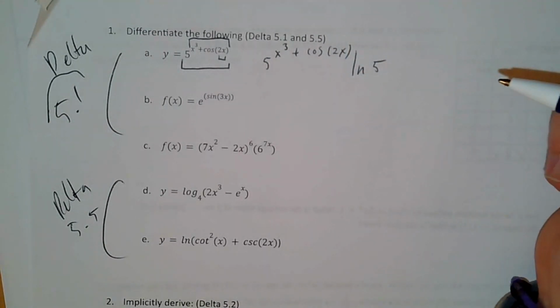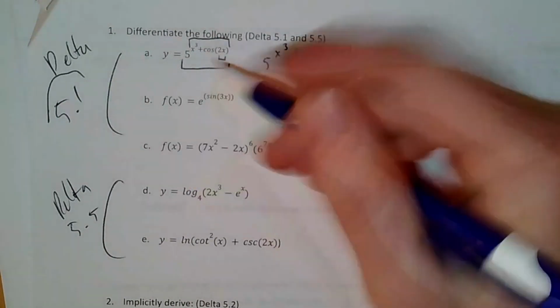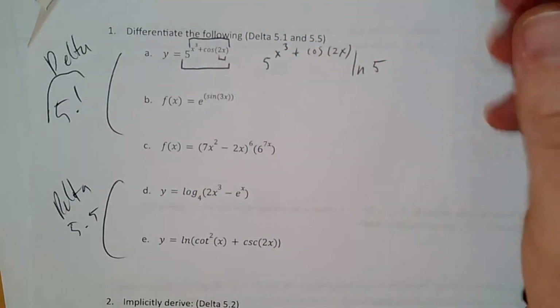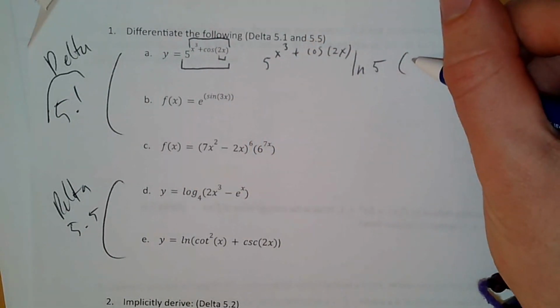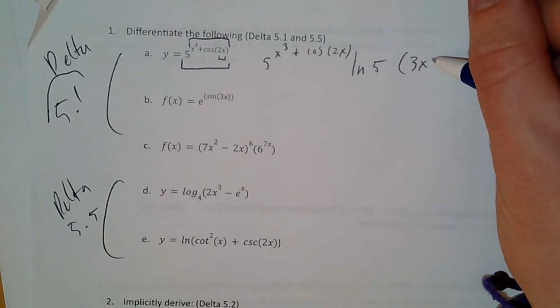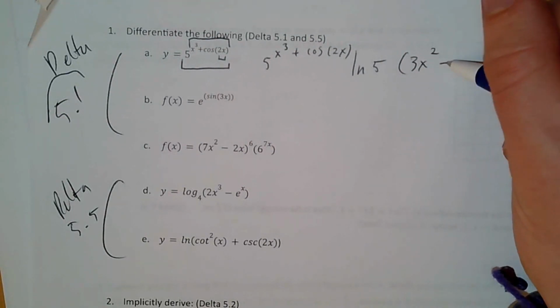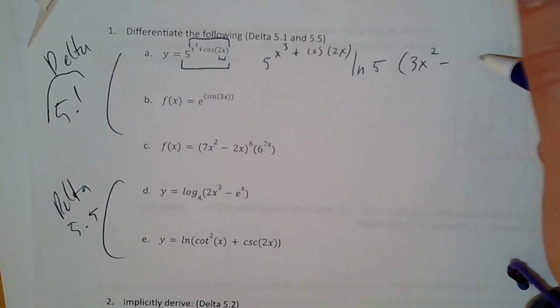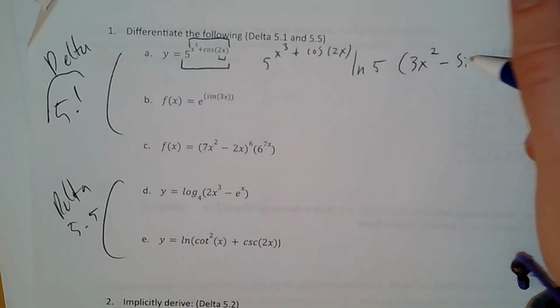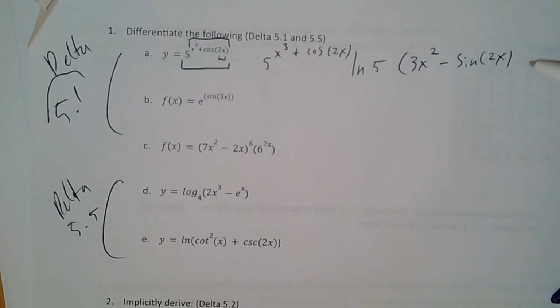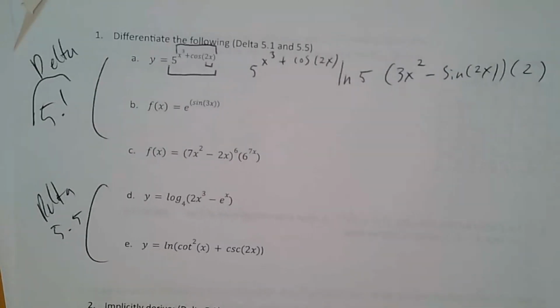That's the outside. Then I'll do the inside. Taking the derivative of x cubed plus cosine 2x is going to be 3x squared minus sine 2x, and then a 2 for the derivative of 2x.